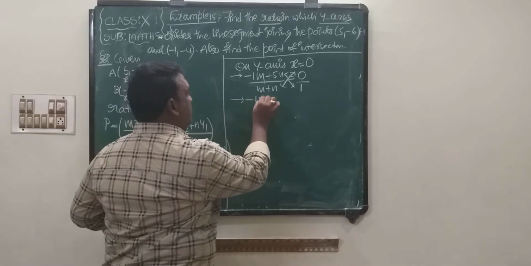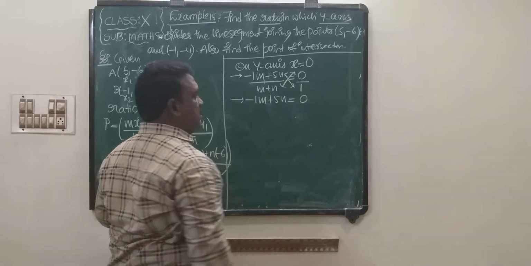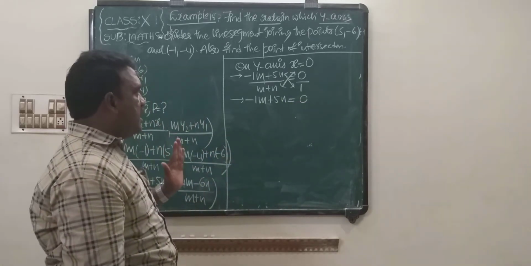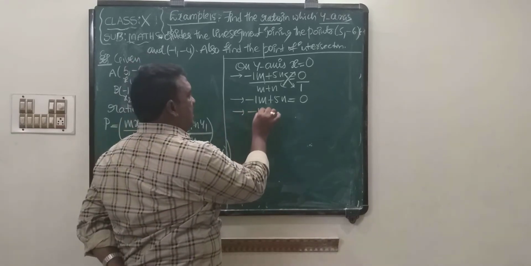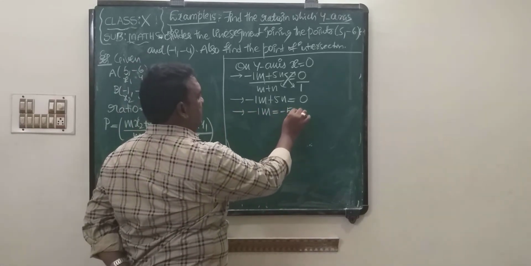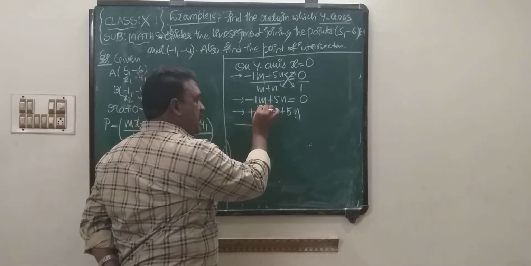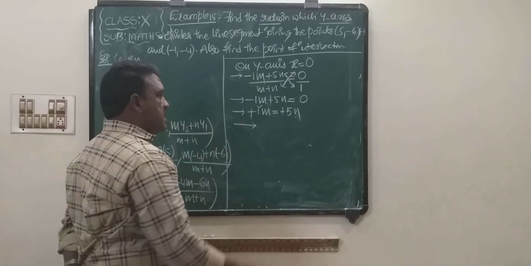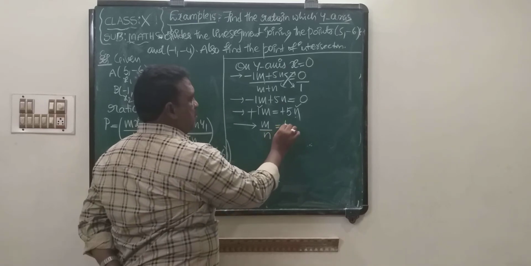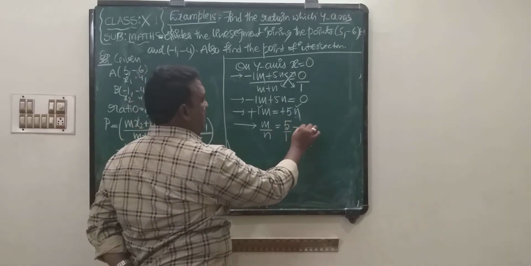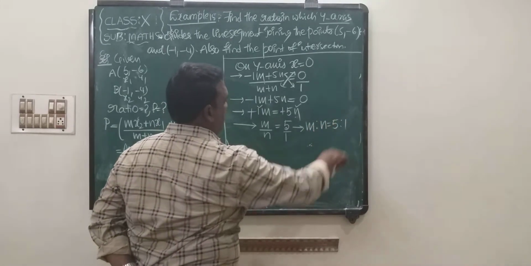Minus 1m plus 5n equal to (m plus n) into 0, which is 0. Then plus 5n is moving, so minus 1m equal to minus 5n. Minus minus cancel. Then 1 is moving to the right side, n is moving to the left side. m by n equal to 5 by 1, implies m is to n equal to 5 is to 1.